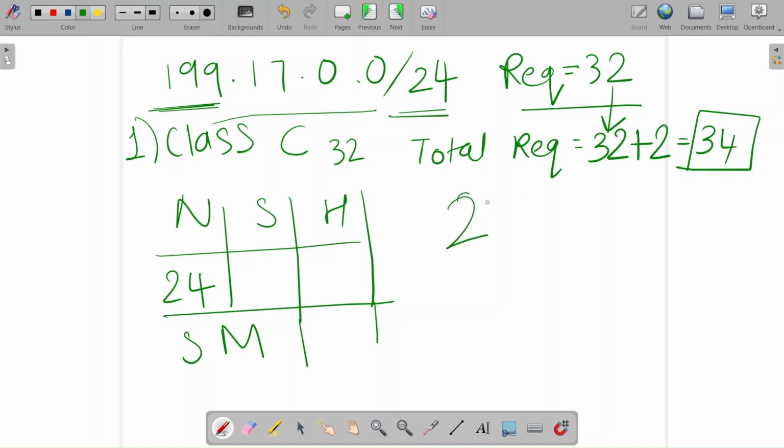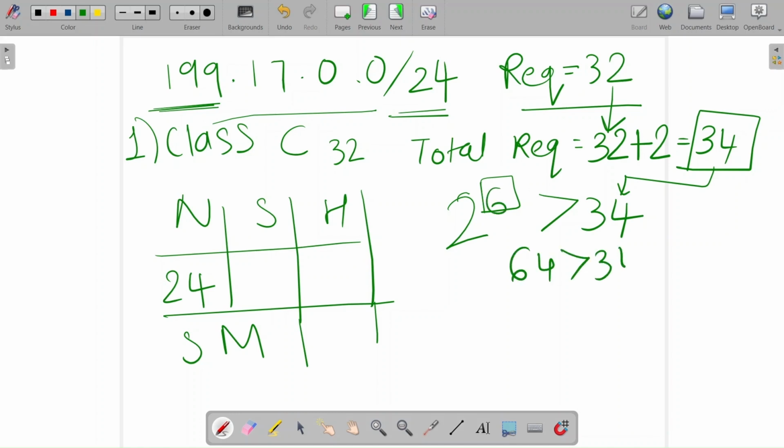Basically we're going to find a power of 2 which is greater than the total required, that is 34. So a power of 2 which is greater than 34, what is it? It's 2 to the 6. So 64 is greater than 34. You'll think, but 32 is closer to 34 than 64. But no, if we use 32, it will be less, and that is not what we need.